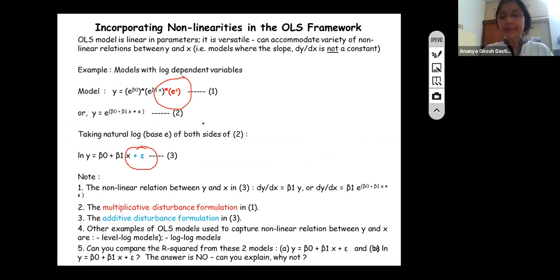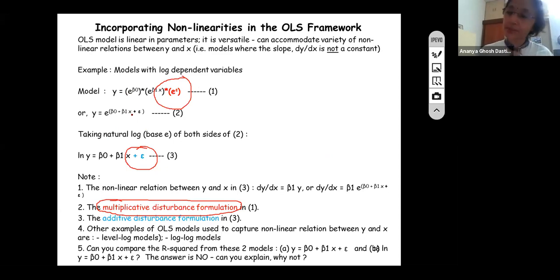This is known as the multiplicative disturbance formulation. So originally y is equal to e to the power everything: e to the power the constant term, into e to the power beta 1x, into e to the power of the error term. Error term or the disturbance term, same thing.